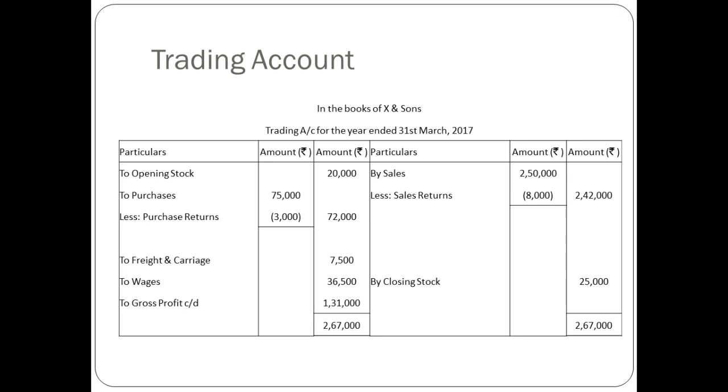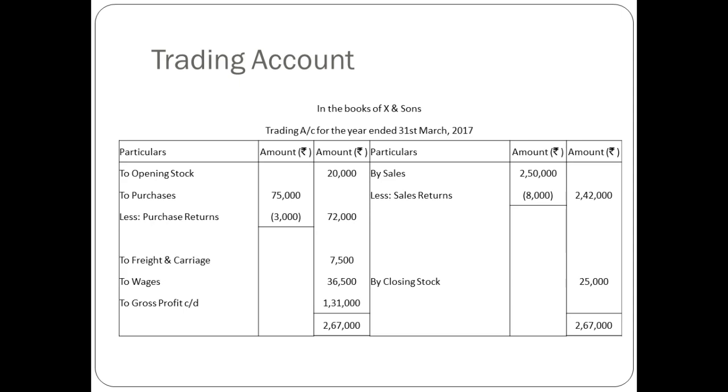subtract the purchase returns to find out the actual purchase figure for the particular year, that is year 2016-17. We have the net purchases as 72,000, to freight and carriage 7,500, and to wages 36,500.